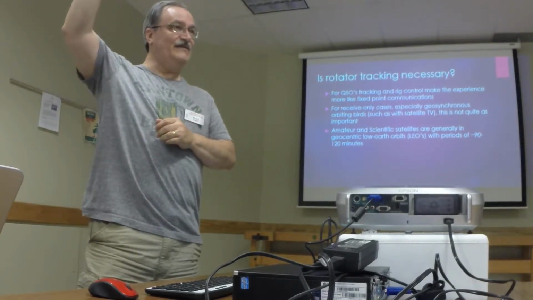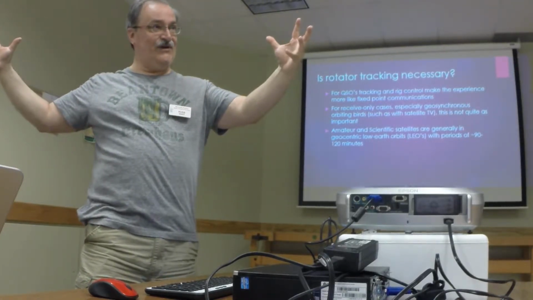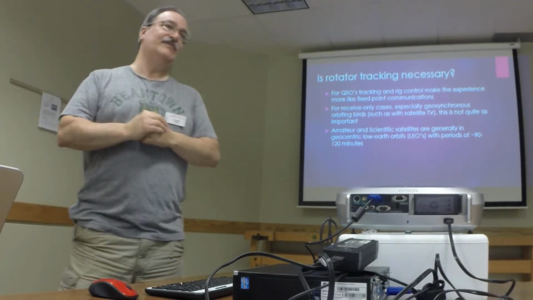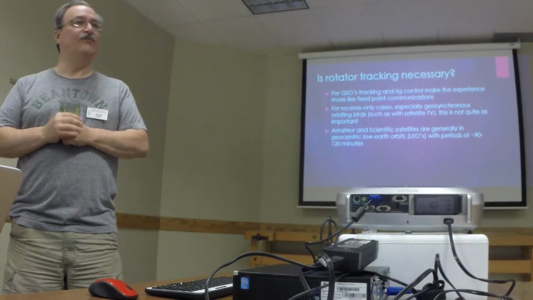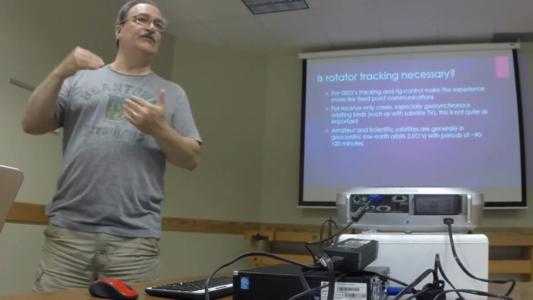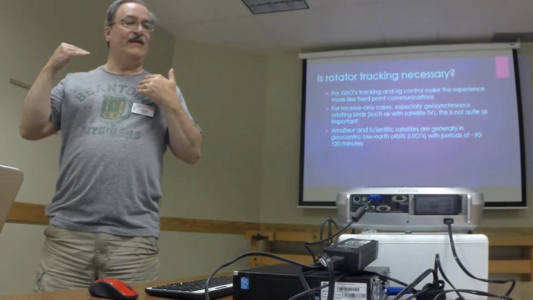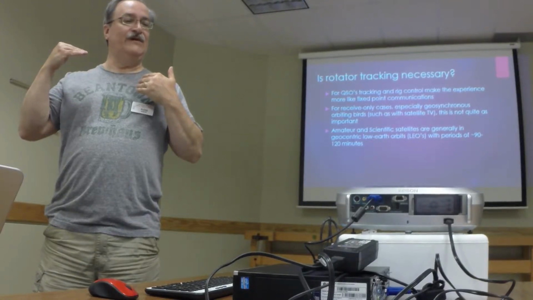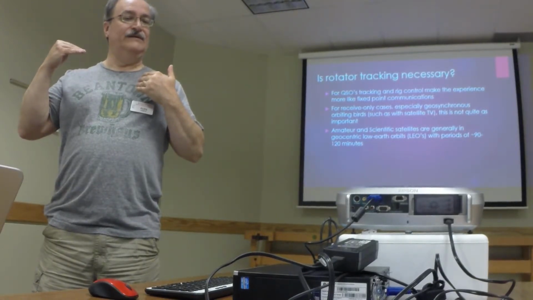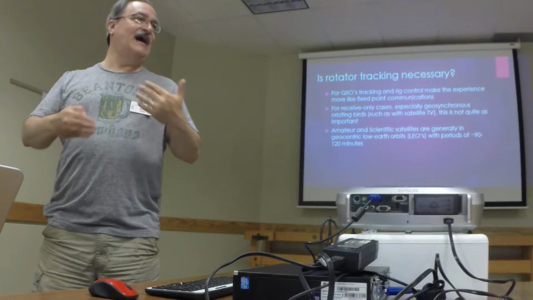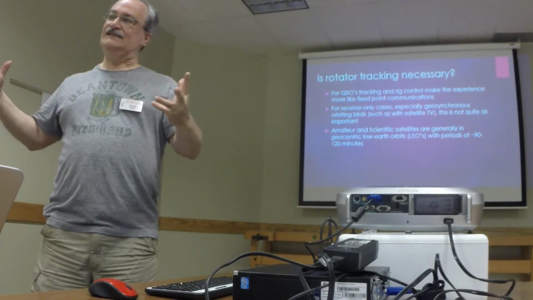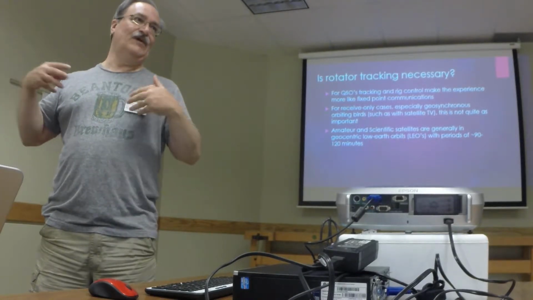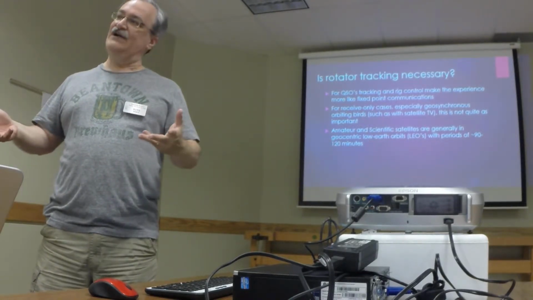Unless you get up in height, and unless you put an array together, even on 2 meters, it can be difficult. But these guys that are doing Earth, Moon, Earth, with JT9 and whatnot, some of the digital modes, they're running arrays of like 8 antennas, and then they're running low noise amplifiers.